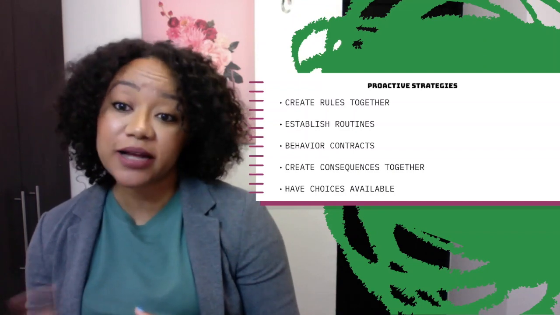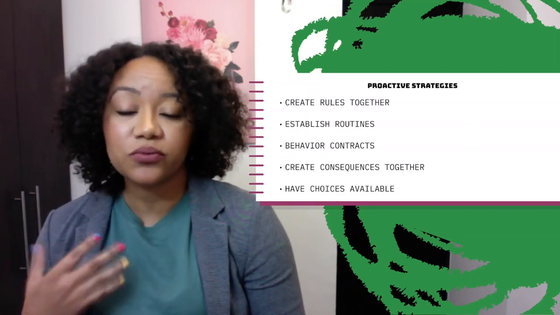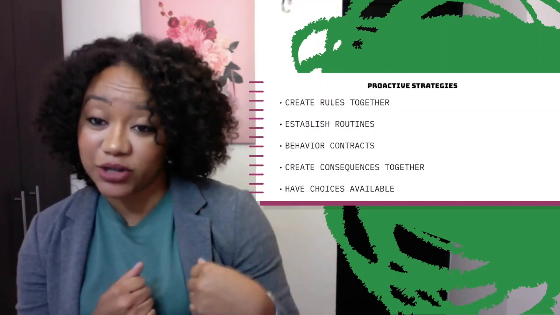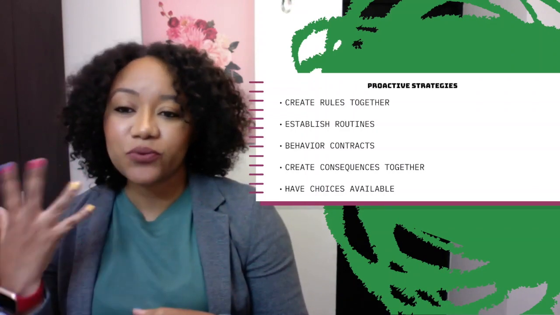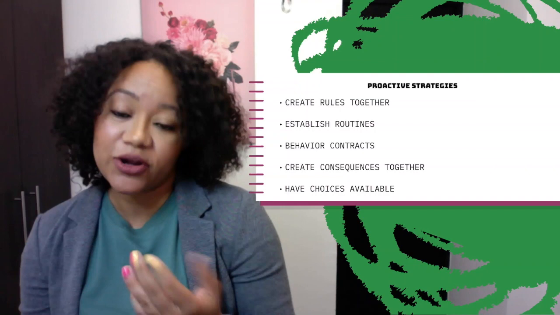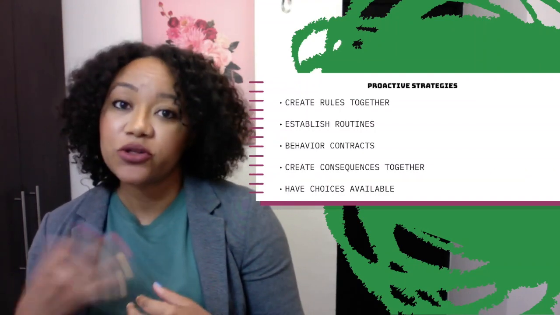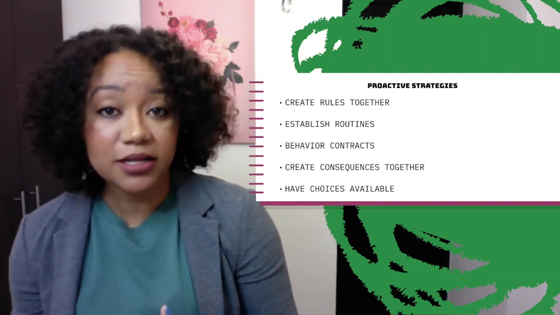Then they also feel like the consequences are fair. Now, when you're making the rules and the consequences, you can also have a behavior contract. I know I skipped establishing routines, but we'll get there. So by having the rules together and the consequences together, you can then create a contract where everyone who was involved with making those rules and consequences will sign that they agree to abide by these rules and consequences.